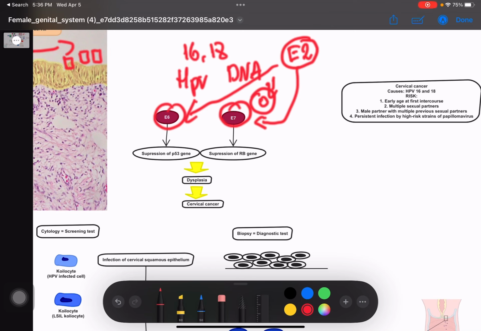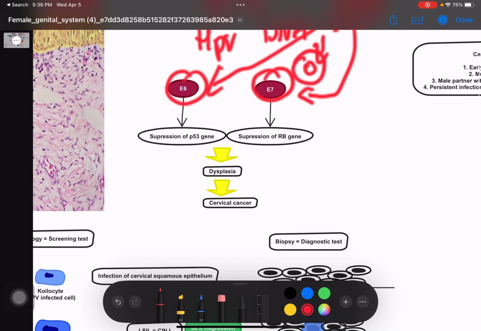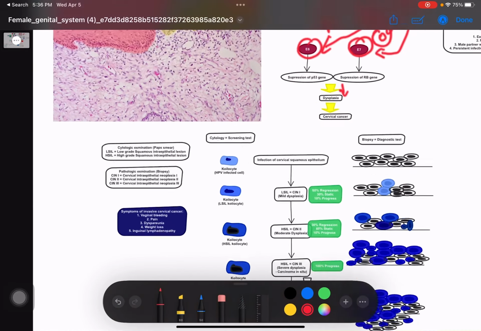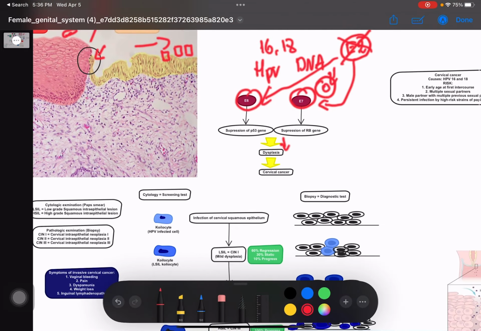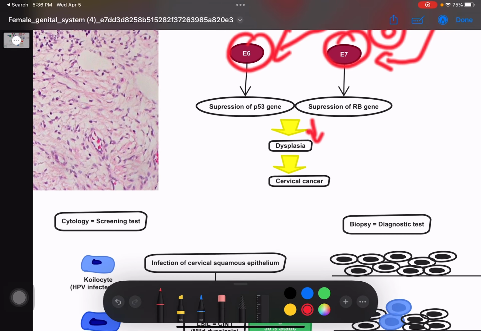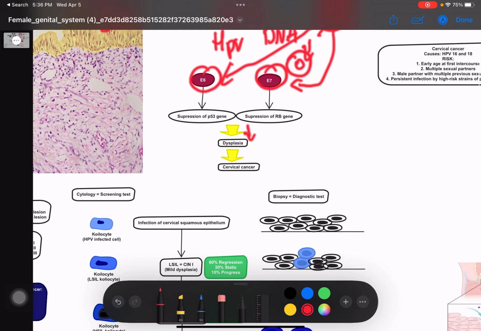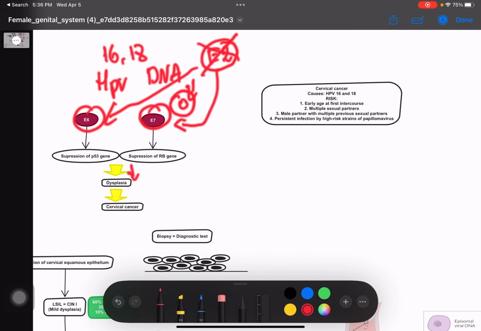In the case of integration in the host genome, E2 loses its function, and E6 and E7 get overexpressed, which causes suppression of those tumor suppressor genes, consequently dysplasia, and afterwards cervical cancer, right? Of course, it's not that easy. There have to be other factors associated with it to progress into cervical cancer, but that's the normal progression of how it happens.